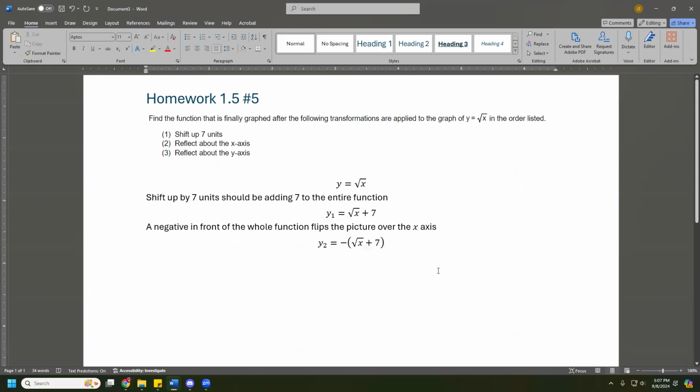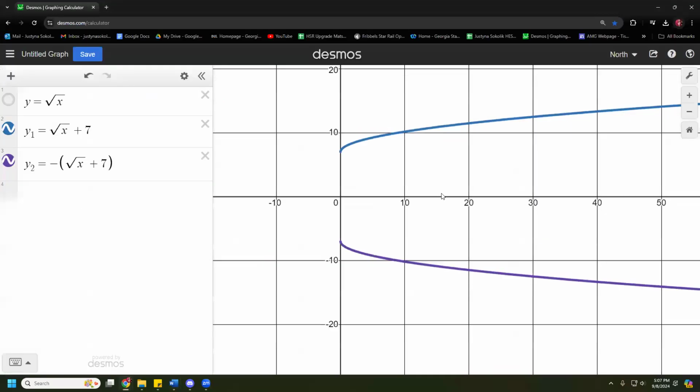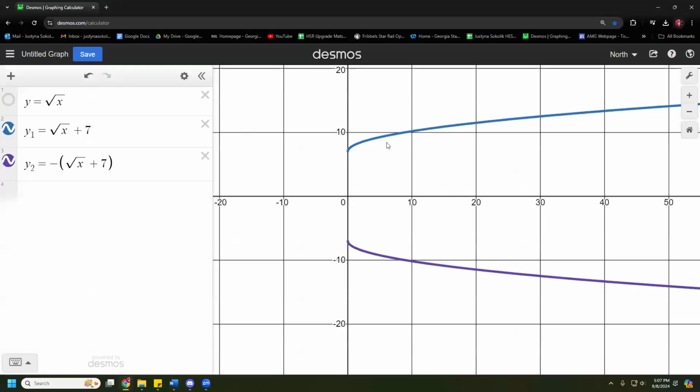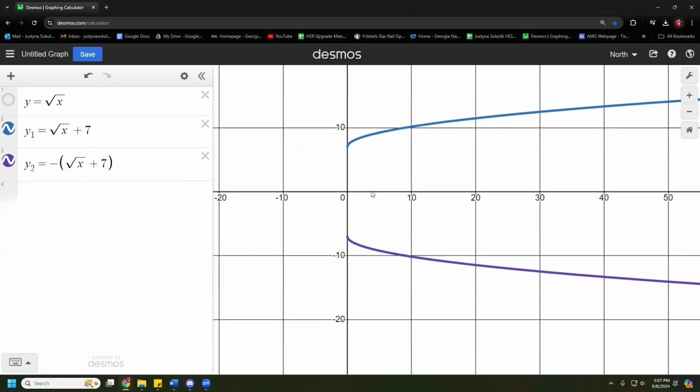Okay, and now finally, I have another reflection, a reflection about the y-axis. If you think about a flip over the y-axis, that's kind of a left to right flip, like the page of a book. So in my mind, I think of a flip over the y-axis as kind of a horizontal transformation. All of the horizontal transformations happen right next to the x. So my next one, I should put the minus right in front of the x.